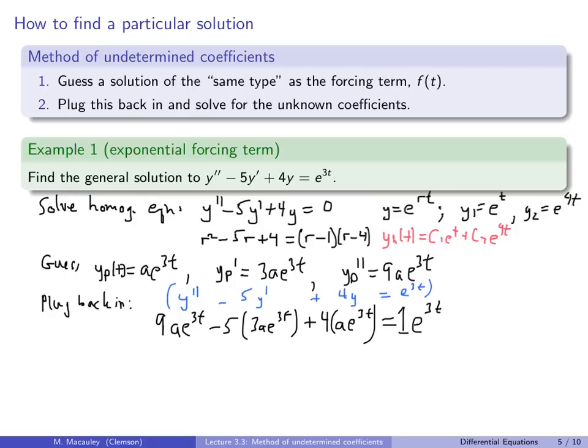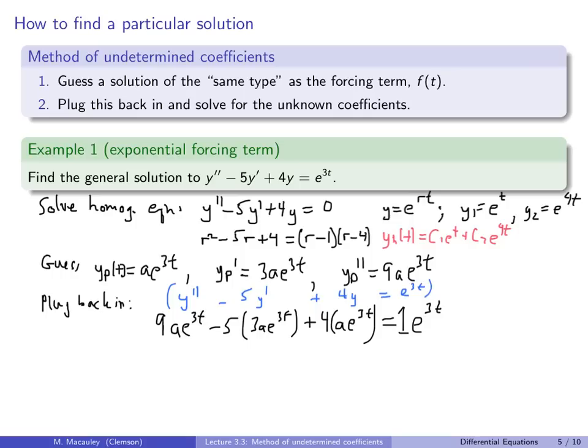So now notice these things are all of the same type, so we can simplify them. We can collect terms. And so what do we have? We have 9a's. So 9 minus 15 is negative 6, plus 4 is negative 2.